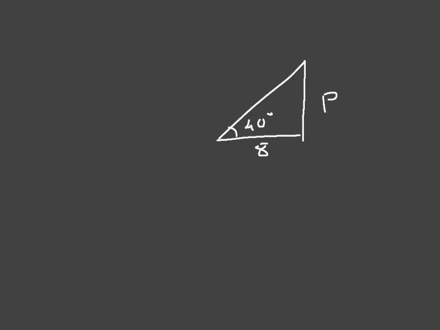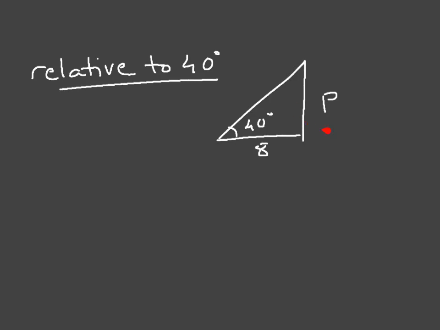Well, again, the approach is similar. We have to think of the angle 40 and ask ourselves, relative to 40 degrees, what are we looking for and what do we have? So relative to 40 degrees, we are looking for the opposite side length, p, and we are given the adjacent side length, 8.